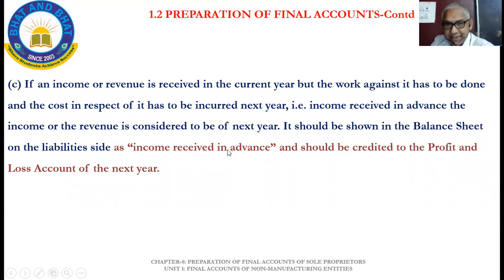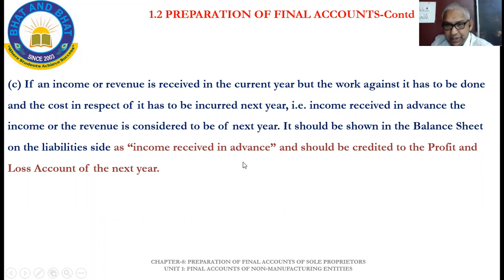That is in advance because you are closing the account as on 31st March 2020, but that rent received actually relates to the next period, that is 1/4/2020 to 31st March of 2021. That is called income received in advance.